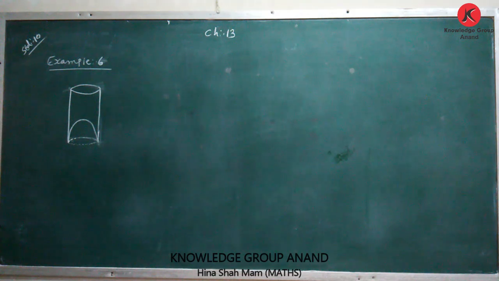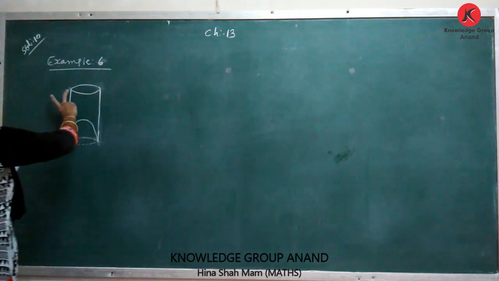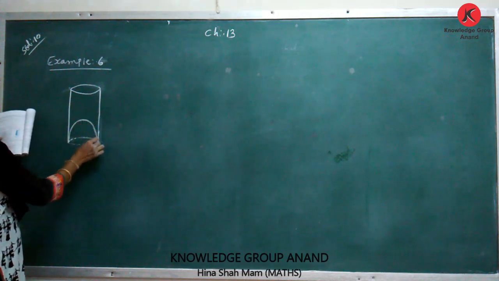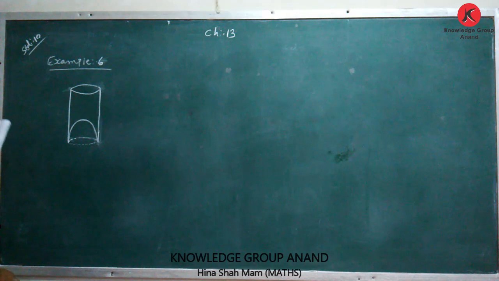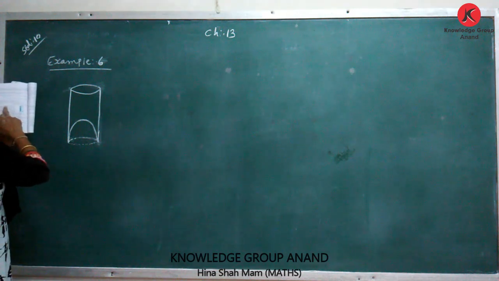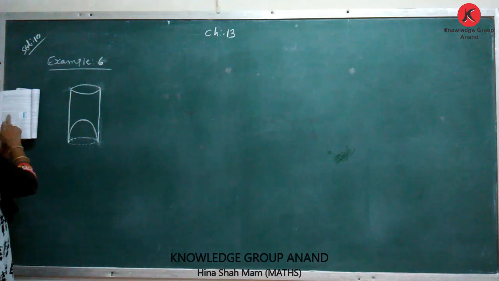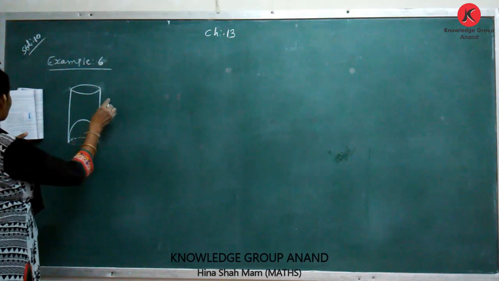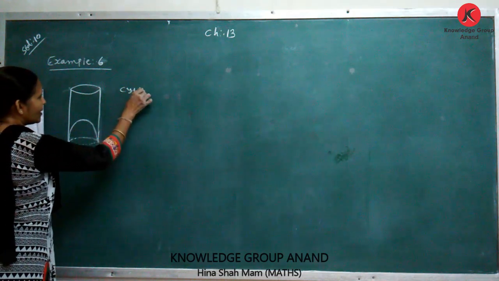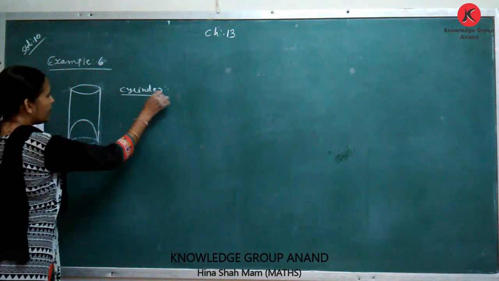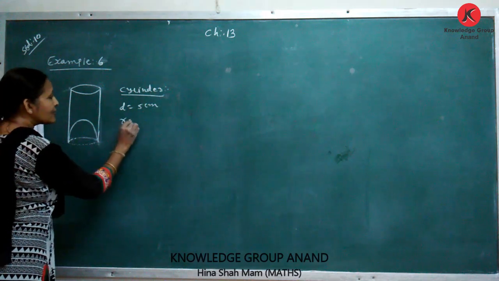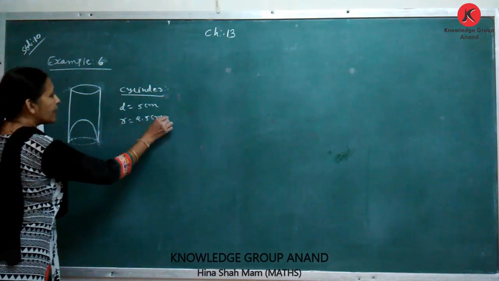We find the actual capacity and the apparent capacity of this shape. In this question, a juice seller was serving his customers using glasses as shown in the figure. The diameter of the cylindrical glass was 5 cm. For the cylindrical glass, diameter is equal to 5 cm, then radius is equal to 2.5 cm.